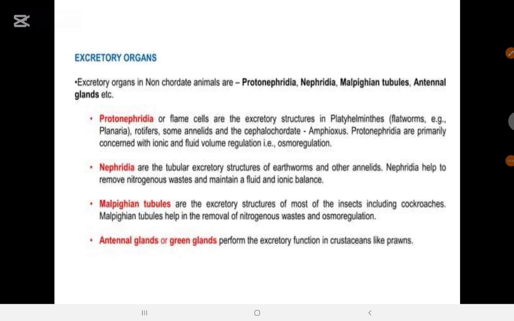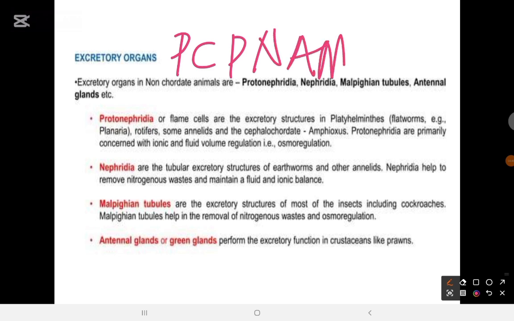This classification goes in the order of the invertebrates, if you remember: the poriferans, the coelenterates, the platyhelminths, the nemathelminths or nematoda, the annelids, mollusca, arthropoda, and echinodermata. So this is the order in which we are going to go.